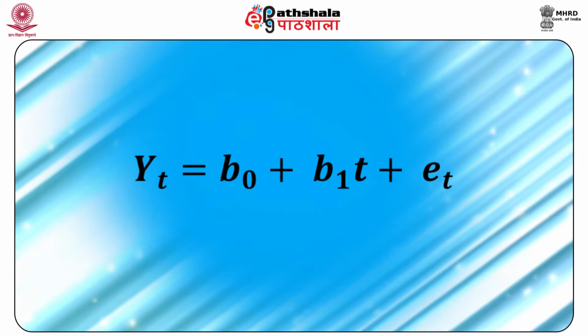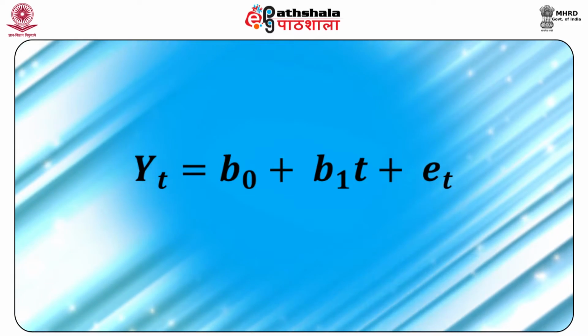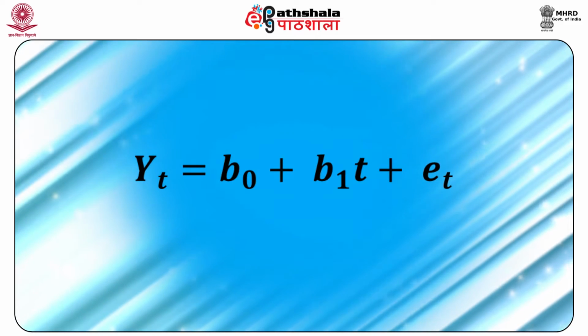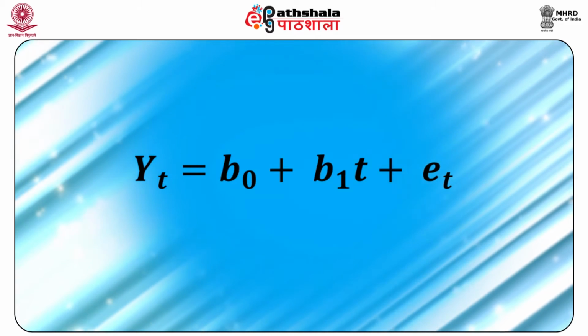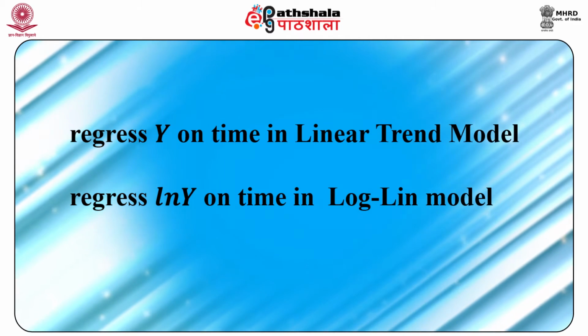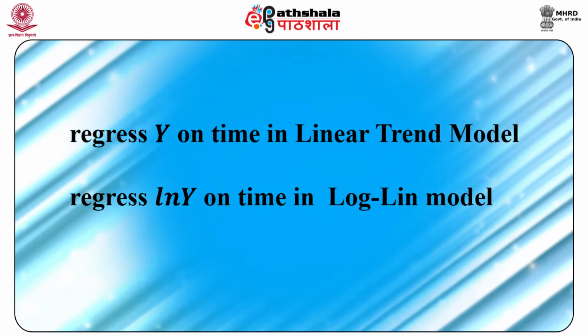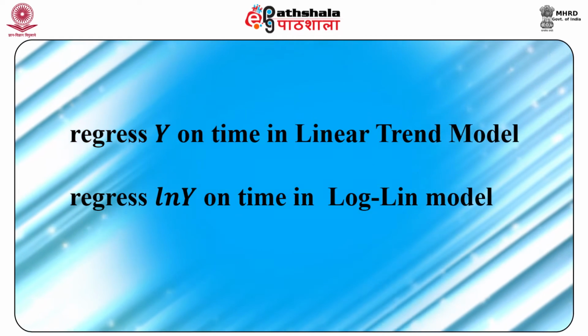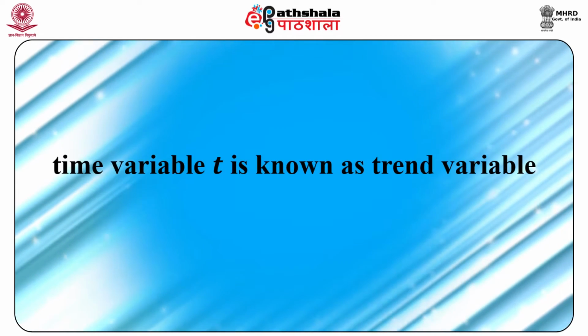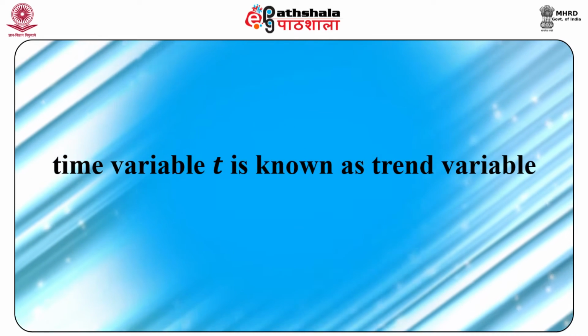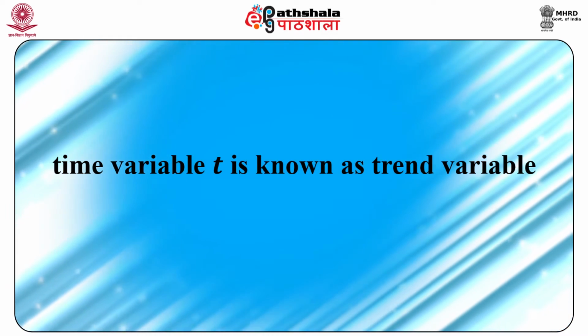A linear trend model can be written as follows: yt is equal to b0 plus b1 t plus et. Here we regress y on time, unlike in the log-lin model where we regress ln y on time. Now, the time variable t is known as the trend variable.